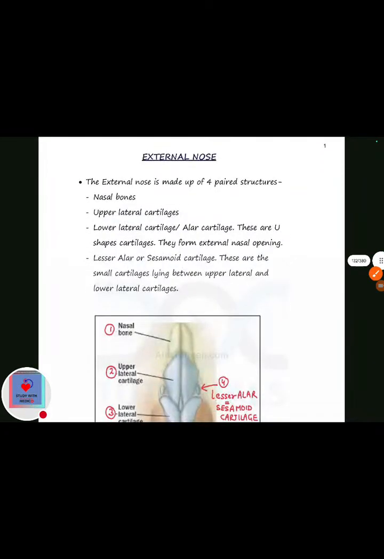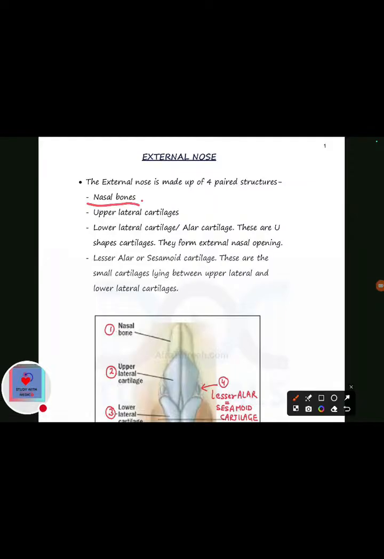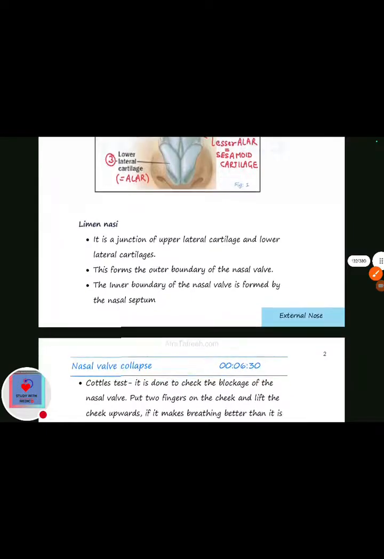So if you see here, a pair of nasal bones, a pair of upper lateral cartilages, a pair of lower lateral or alar cartilages. The lower lateral cartilages are U-shaped cartilages, and they form the external nasal opening. Lesser alar or sesamoid cartilages are small cartilages lying between the upper lateral and lower lateral cartilages.